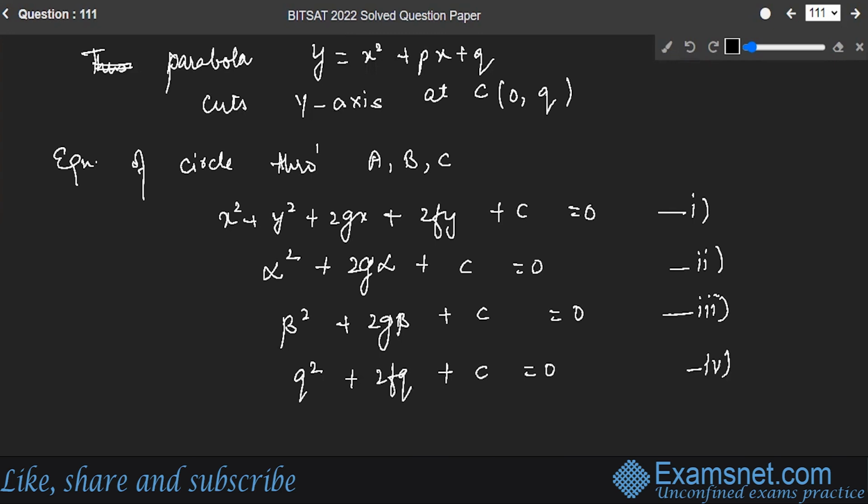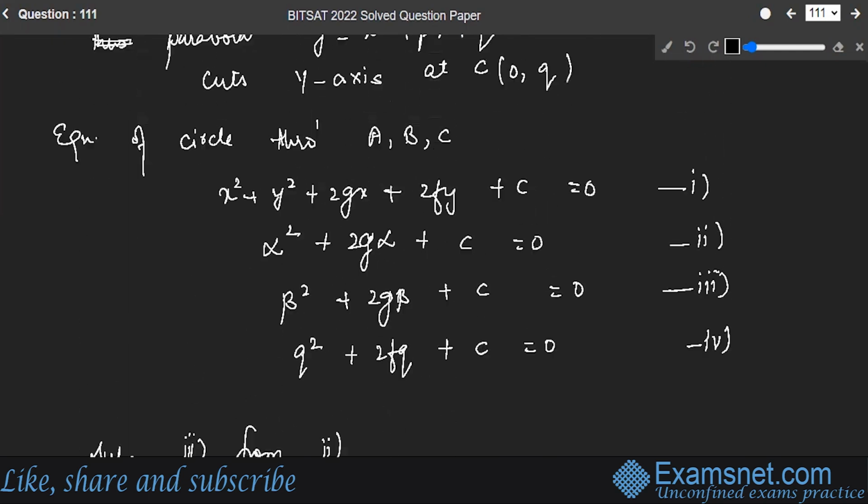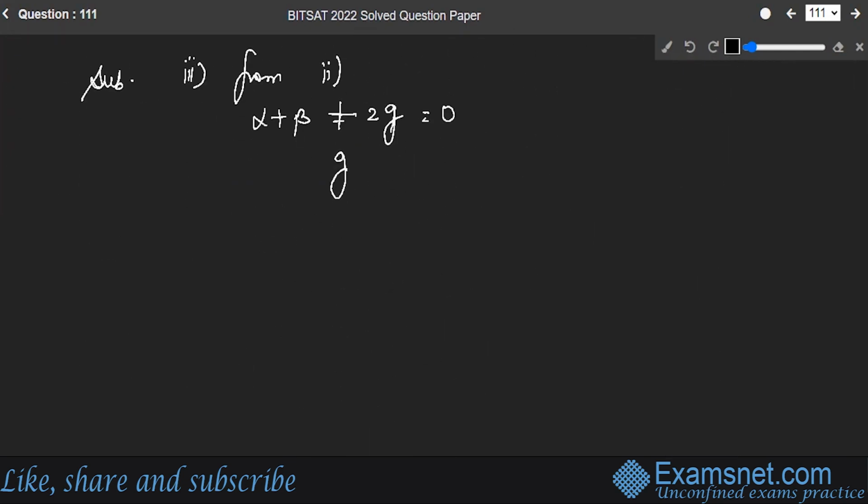Now subtracting equation 3 from equation 2, we get alpha plus beta plus 2g is equal to 0. See, alpha plus beta was equal to minus p. So g will be equal to p by 2.